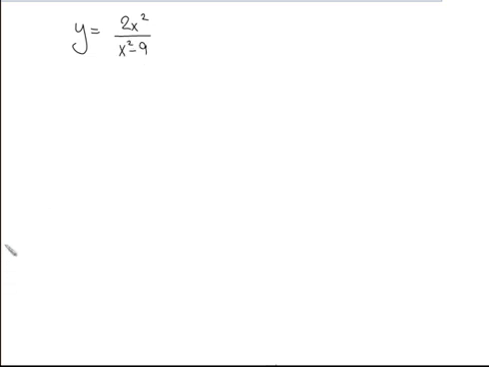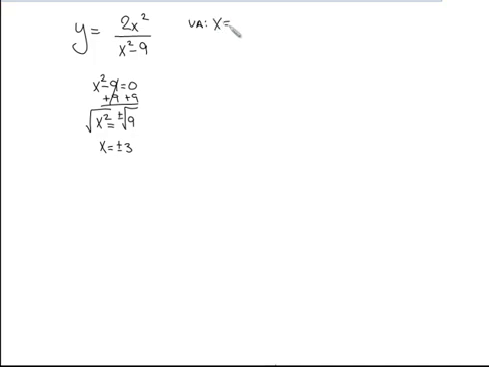We're going to start this the same way we start all of them. The first thing we're going to do is find the vertical asymptote by setting the denominator equal to 0. If you add 9 to both sides, you get x squared equals 9. Then you square root both sides with plus or minus, and you get x is equal to plus or minus 3.